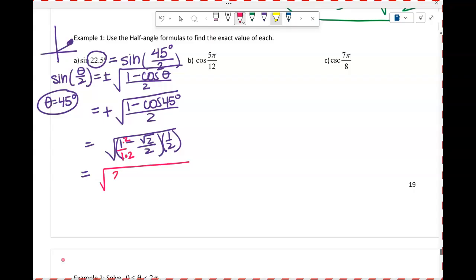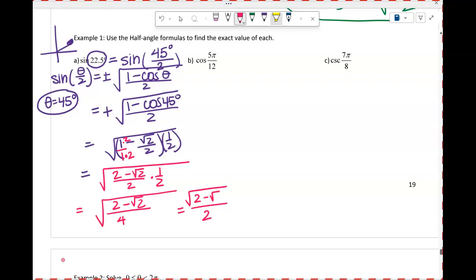All right, 2 minus radical 2 all over 2 times a half. This becomes 2 minus radical 2 all over 2 times 2, which in the bottom is 4. But radical 4, guys, is going to be 2 in the bottom. On the top, there isn't anything we can do, so leave it as a big radical 2 minus little radical 2 all over 2, with no radical in the denominator, because you can't have a calculator.